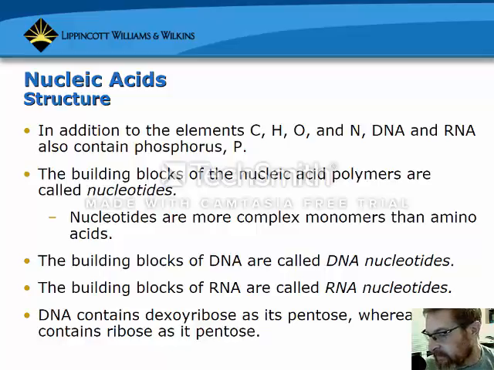Any given nucleotide is going to have a sugar, the base, and a phosphate group.